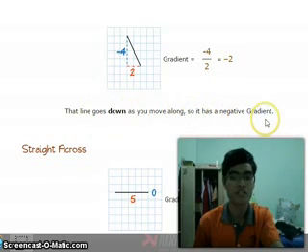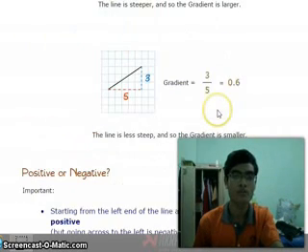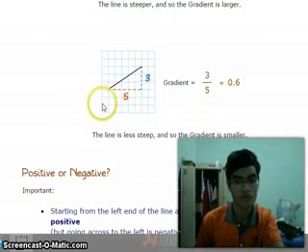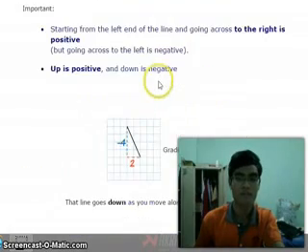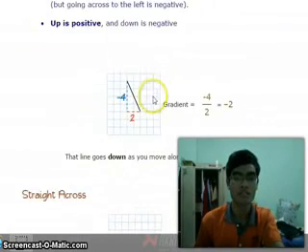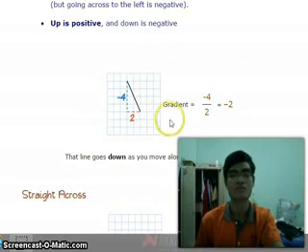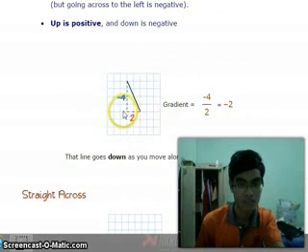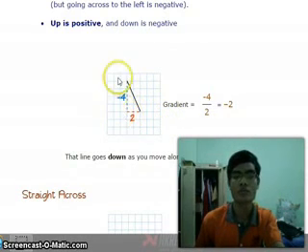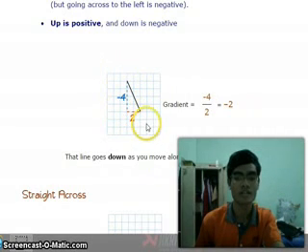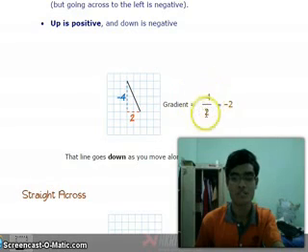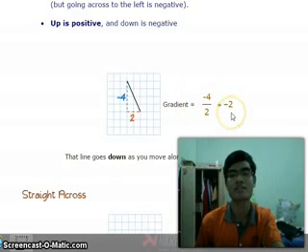Compared to the positive gradient, which goes up as we move along, the negative gradient goes down. In this example, it has a negative value on the y-axis and a positive value on the x-axis, so when we divide, we get a negative gradient.